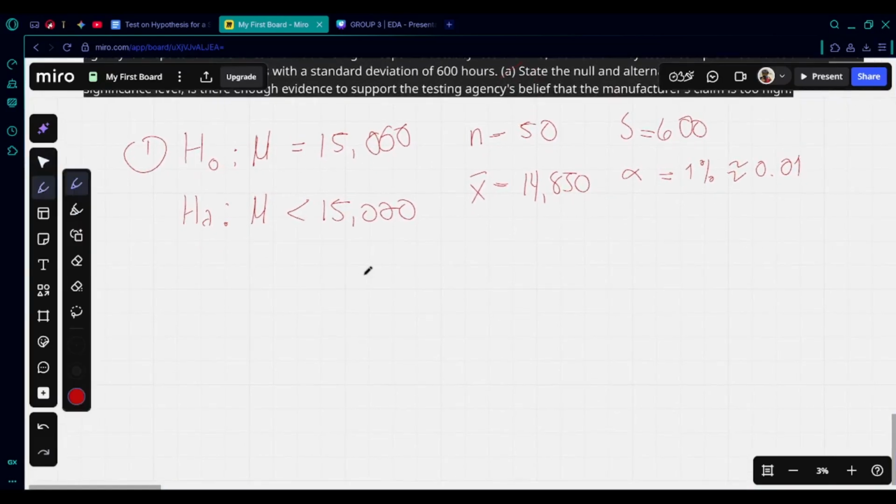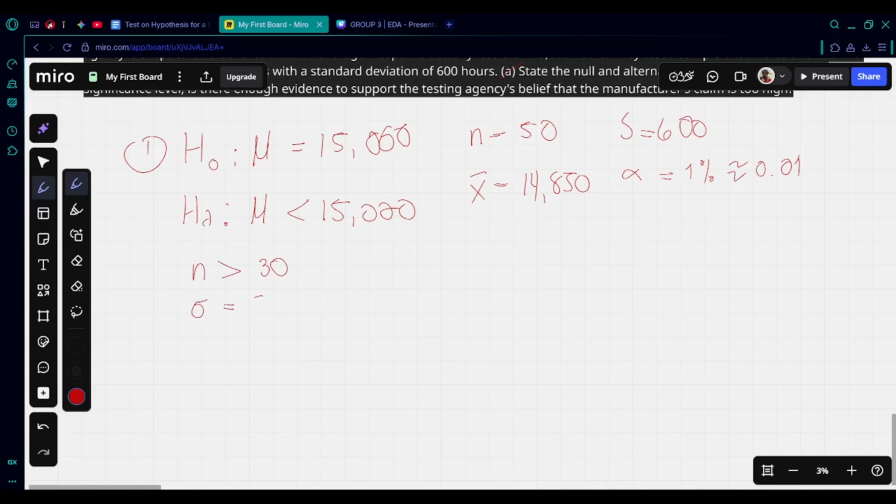So first, after we state the null and the alternative hypothesis, we now determine the appropriate statistical test. So like I said earlier, we have our n, which is greater than 30, and the variance is unknown.